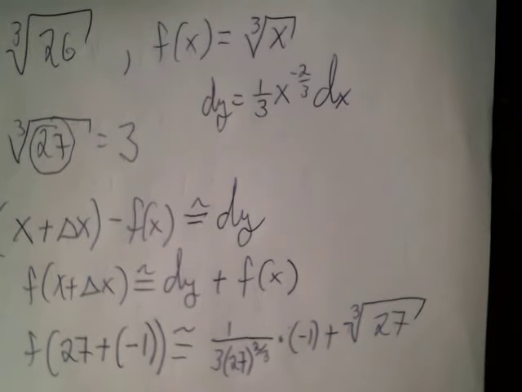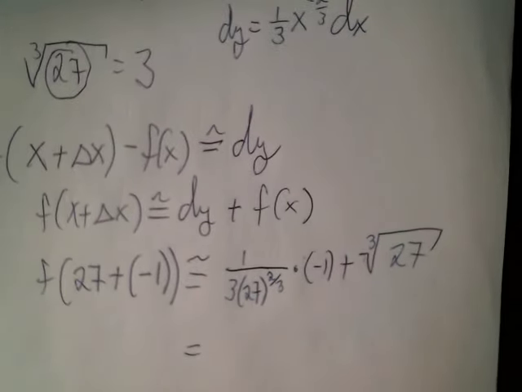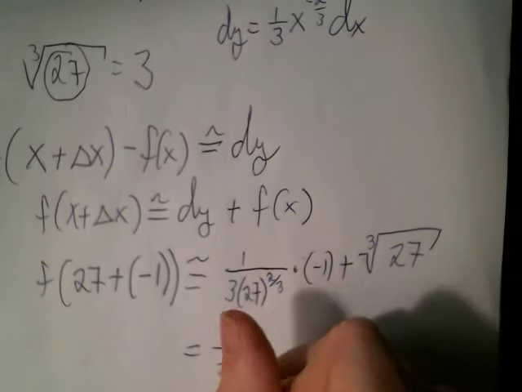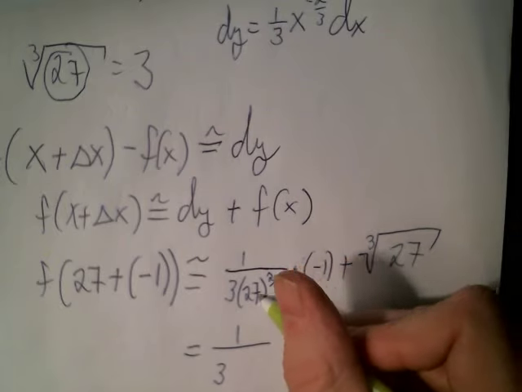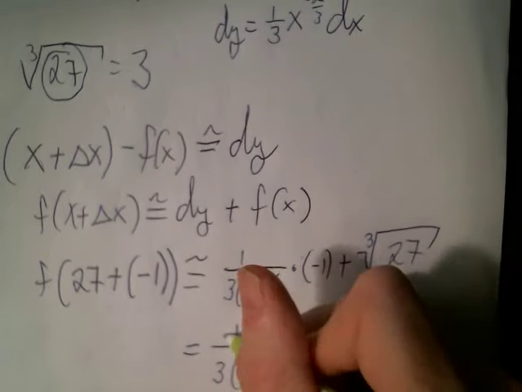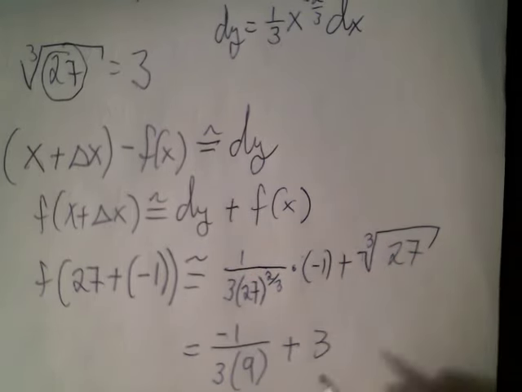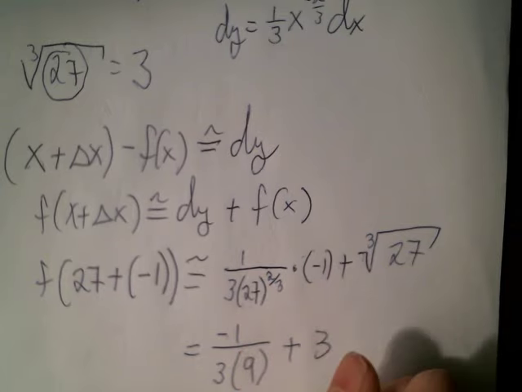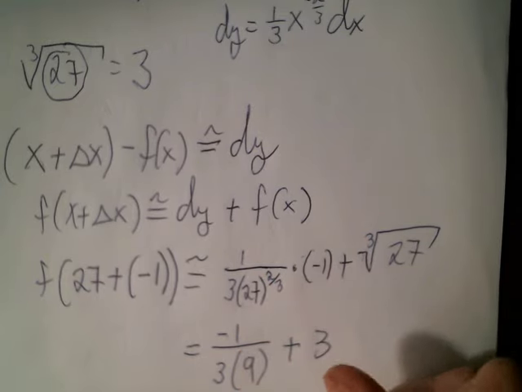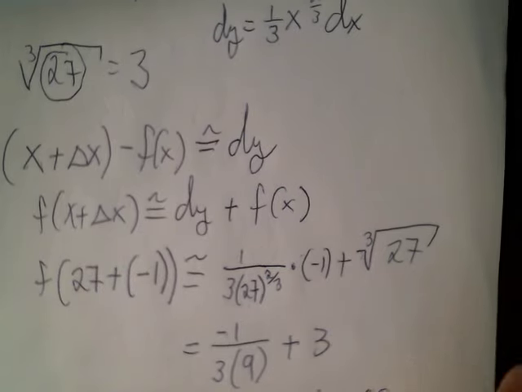You can do this all in your head. You don't need a calculator to approximate cube root 26, right? So this is 1 all over 3 times the cube root of 27 is 3, and then 3 squared is 9, and then times -1 plus 3. This will be -1 over 27 plus 81 over 27, which is 80/27ths.